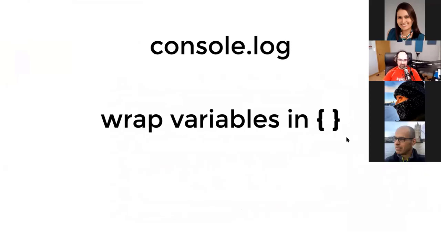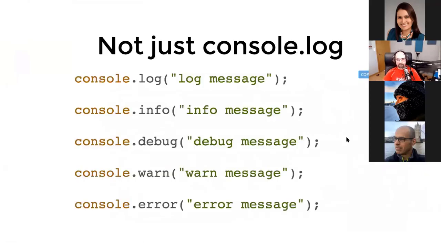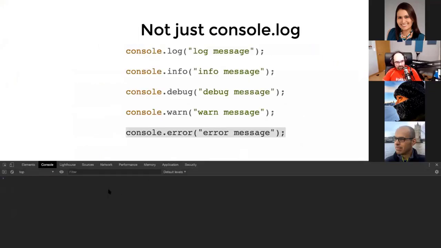This is for debugging only, right? Not for final code. Now, for console log there's not just log. You can do info, debug, warn, error. Now, some of these will actually look different. Let me copy this. And you know what? Let's do it right here. I'm going to paste it. Now, look at what it does.